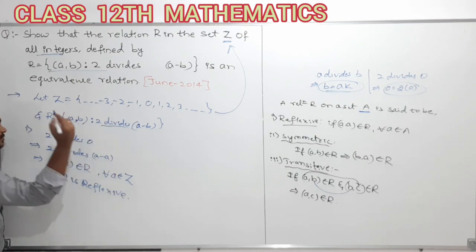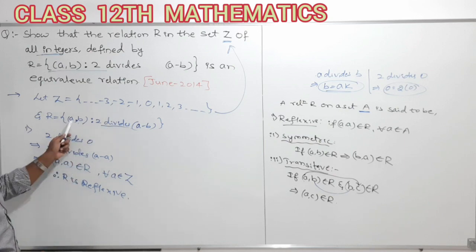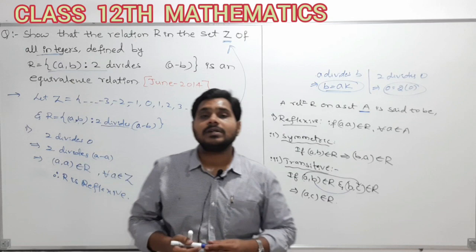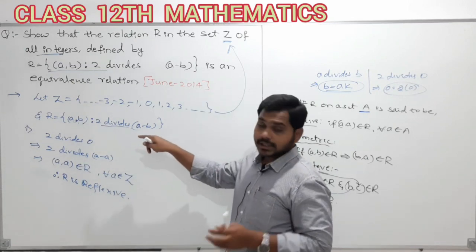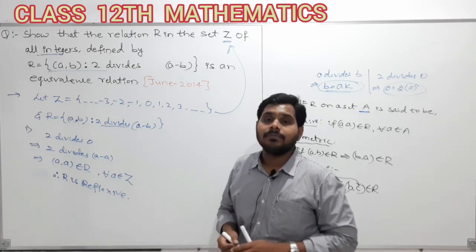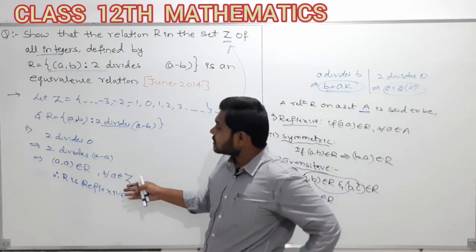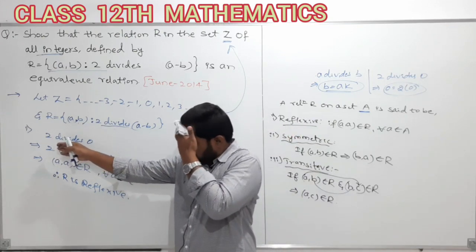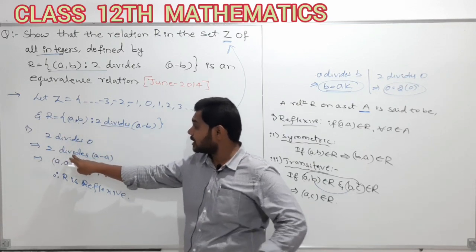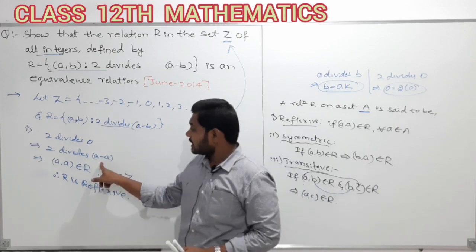Why is R reflexive, my dear students? Because every element is related to itself. Every element is related to itself means it should satisfy that 2 divides A minus B. We already know that 2 divides 0, so this implies that 2 divides A minus A. What is A?